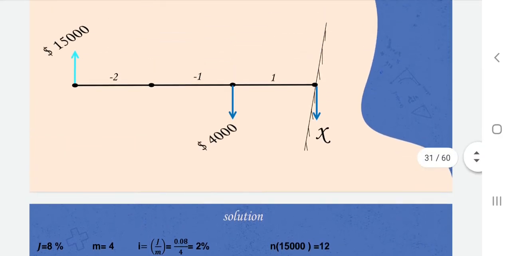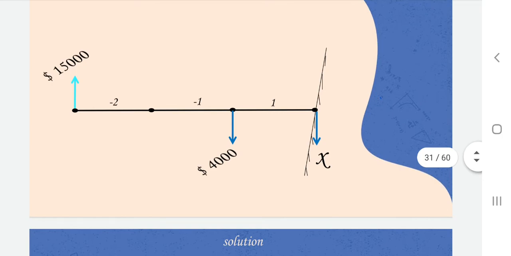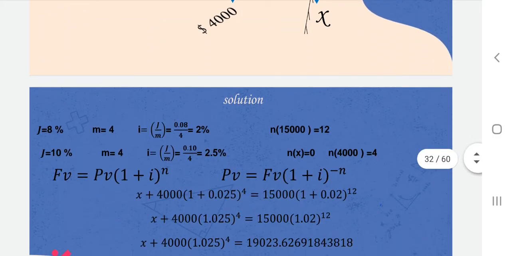Look at the time diagram. The time here equals 3 years. Every year has 4 periods, so 3 times 4 equals 12. And also for the new obligations, J equals 10% and M equals 4, so I equals J over M, 10% over 4, equals 2.5%.